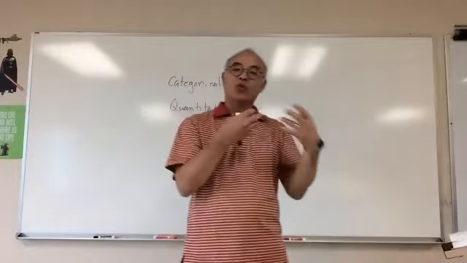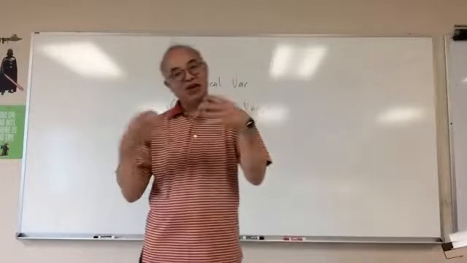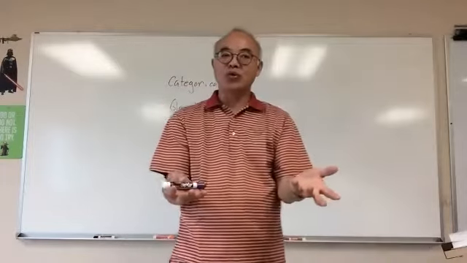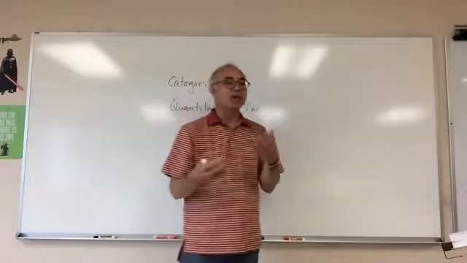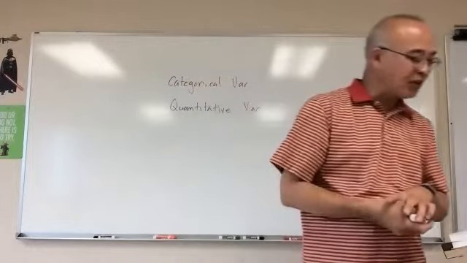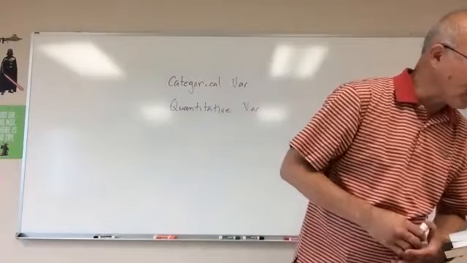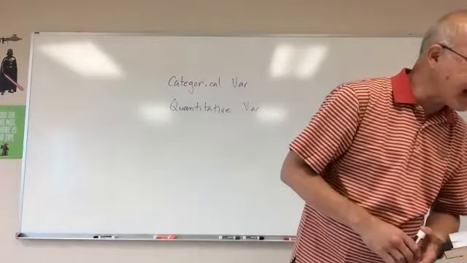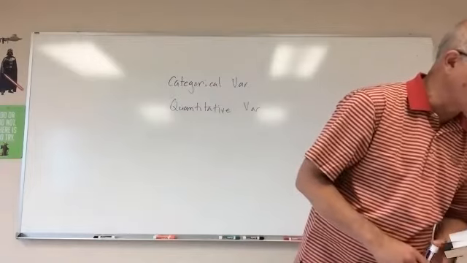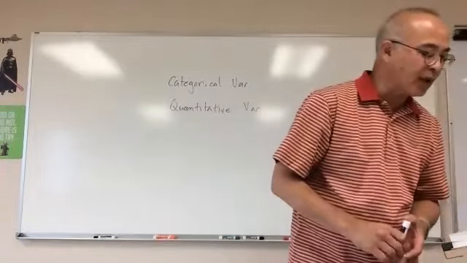So what do you weigh? How tall are you? Number of pets you own? These types of things would all be quantitative variables. Let's read the definition. A categorical variable assigns labels that place each individual into a particular group called a category.